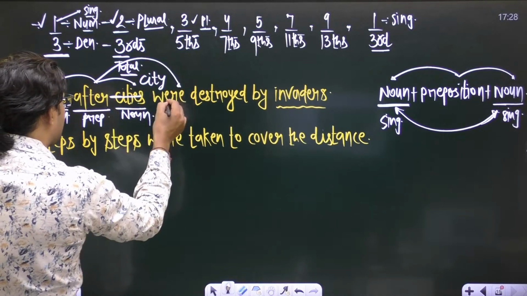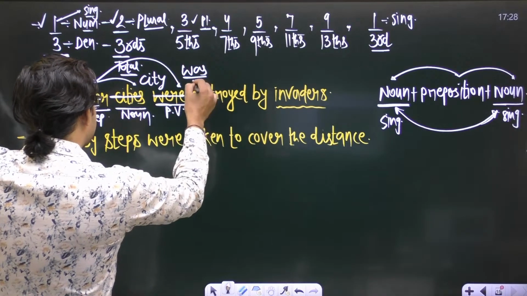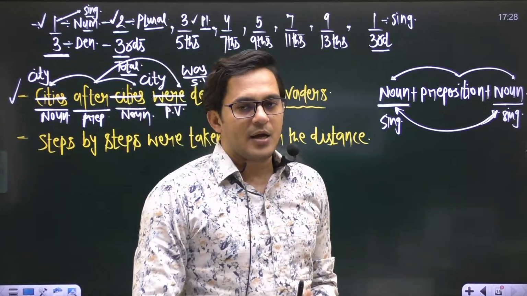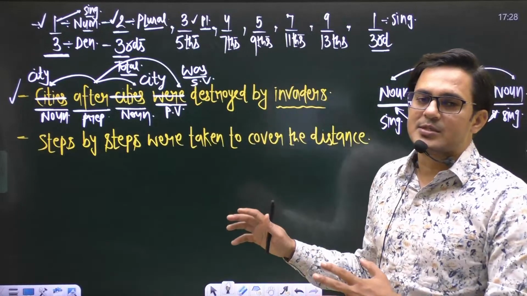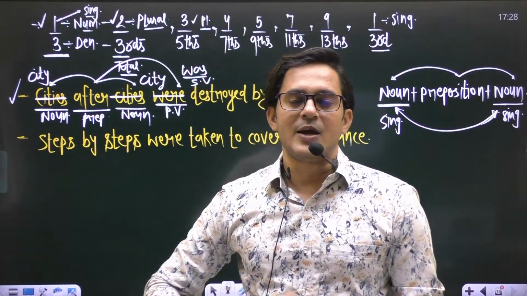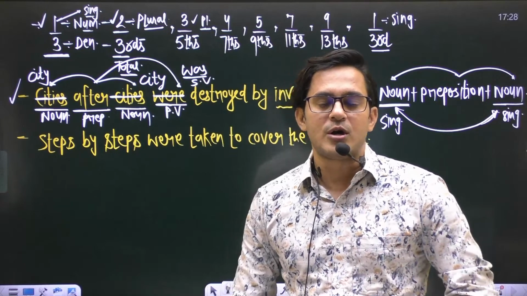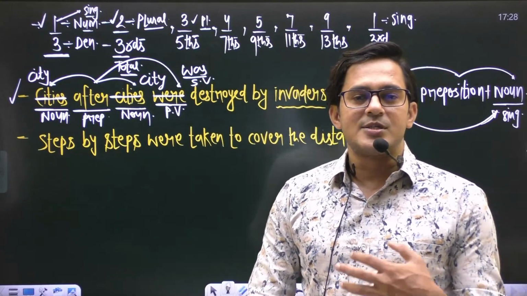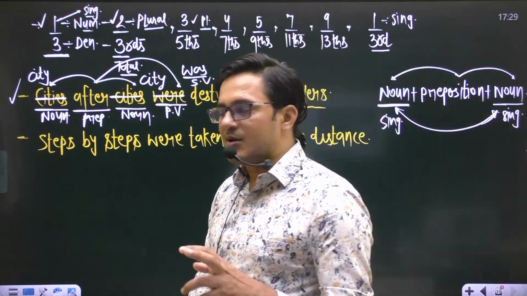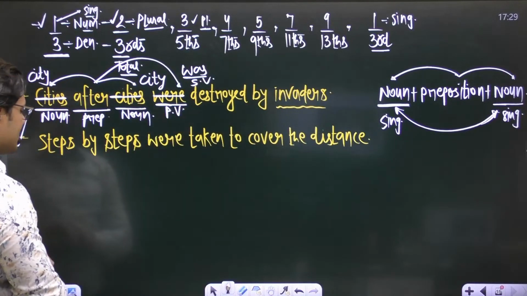And a singular verb is used, you have to replace this plural verb were with was, and the sentence will be okay: city after city was destroyed by invaders, right? These are some phrases which we generally use in our practical life, like day by day, step by step, door to door, row upon row, city after city, village after village, word for word, right? So these are some phrases in which both the nouns must be singular and a singular verb is used.